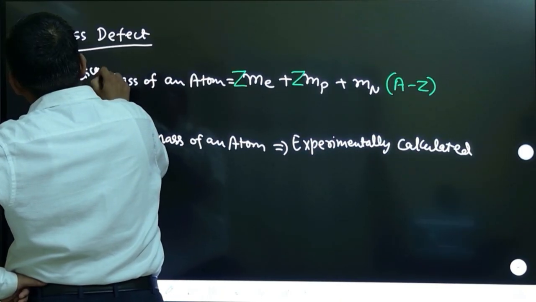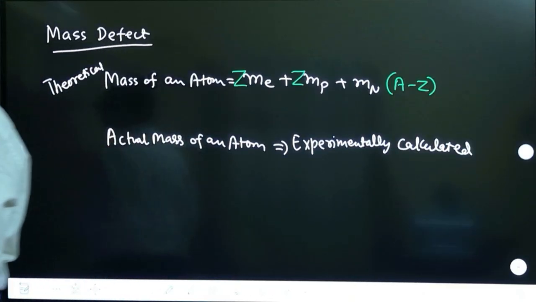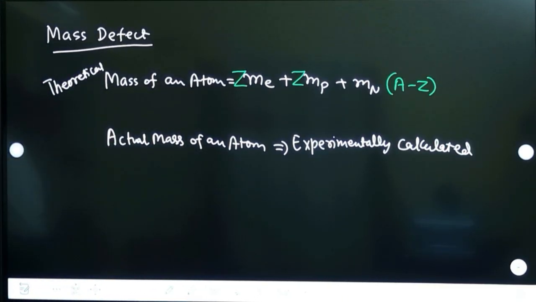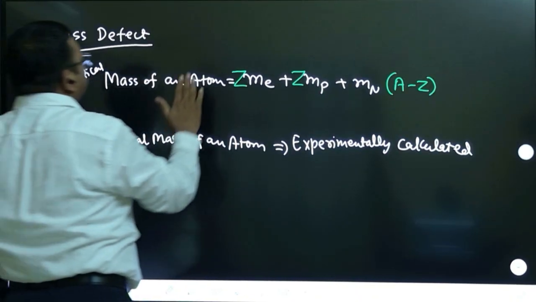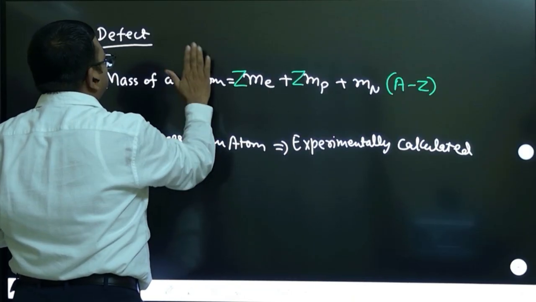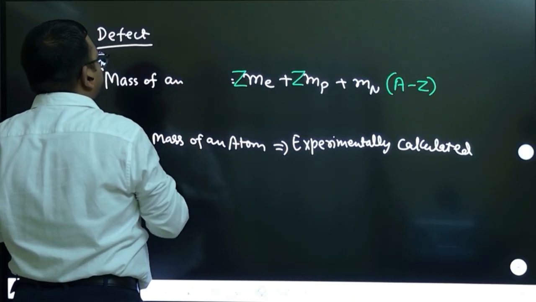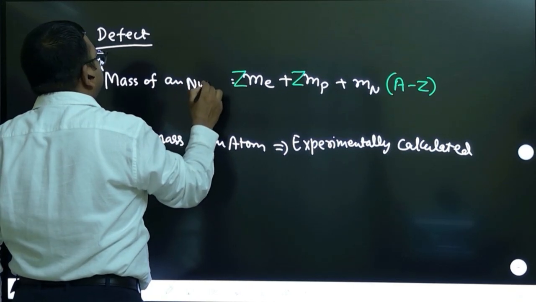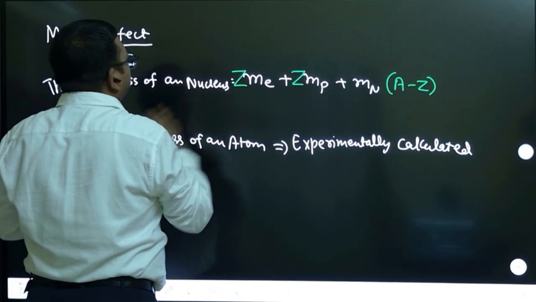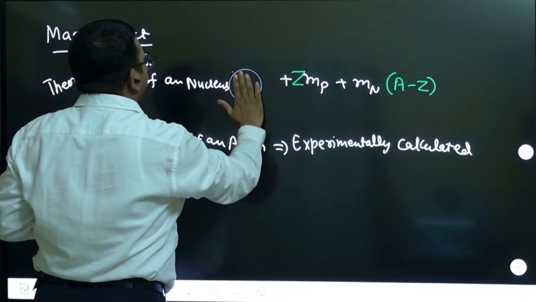Theoretical mass means considering the mass of all, right? Of course, if you skip the electron mass, let us consider just the nucleus formation. Okay, let us take the mass of the nucleus itself. Mass of nucleus, if I write, then I will not count the electron.